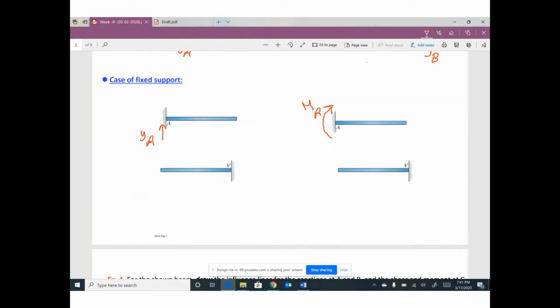One more thing, your moment MA will be assumed to make your member smile. Push your support up by 1. If you push this fixed support up by 1, the whole beam will move up by 1. So the new shape of this beam looks like this, positive. This shape can be called the influence line for YA.